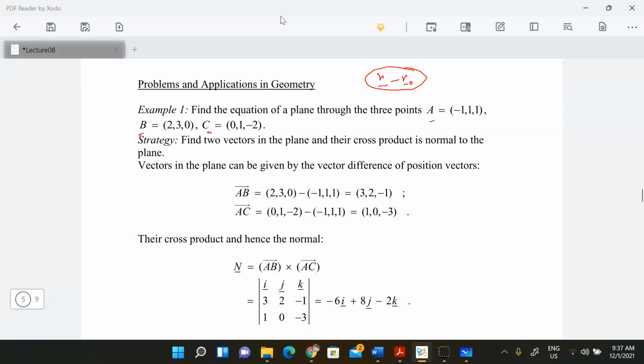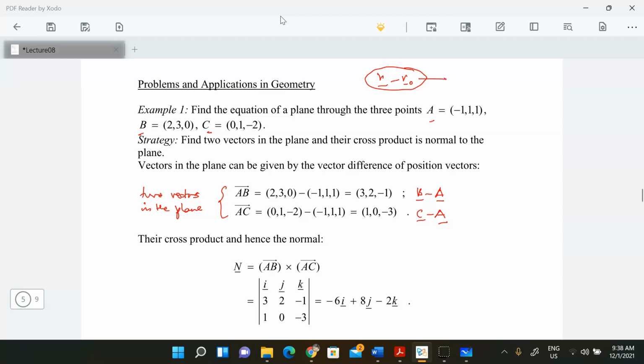For example, I can consider this as b minus a. This will give you b minus a. And this is c minus a. So that will give you two vectors in the plane. Maybe I should explain what we're doing.